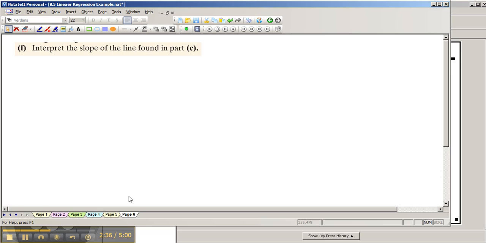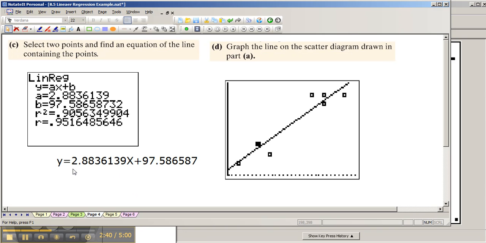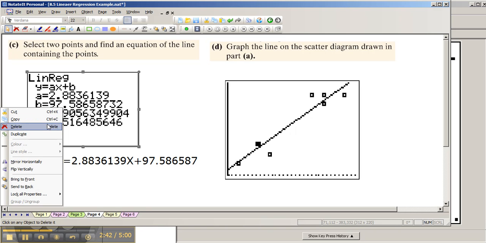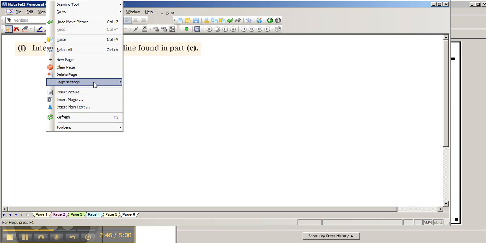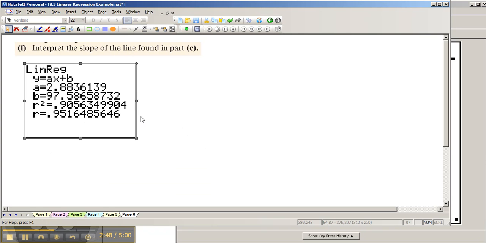And then the last part is to interpret the slope of the line found in part C. Well, let's copy this regression equation here to this last part. And remember, the slope is the coefficient of x in this linear equation. So it's a, and a is 2.8836.